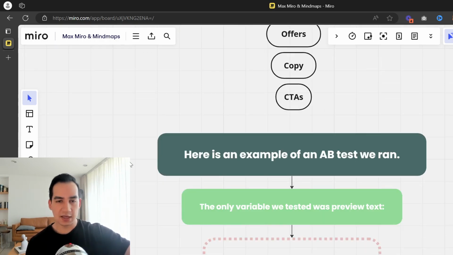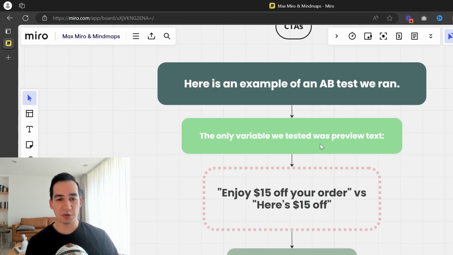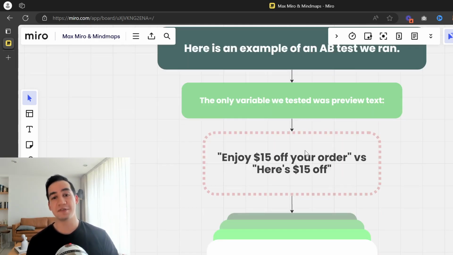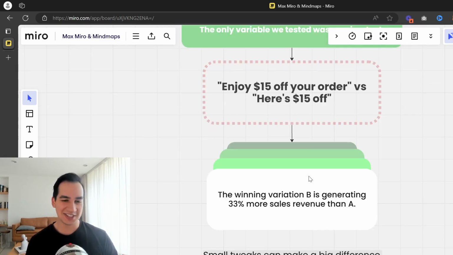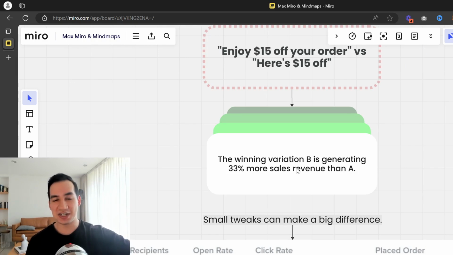Just to give you an example of an A/B test that we ran, the only variable that we tested was the preview text. "Enjoy $15 off your order" versus "Here's 15% off or $15 off." The winning variation B is generating 33% more sales revenue than variation A. So small tweaks can make a pretty big difference.